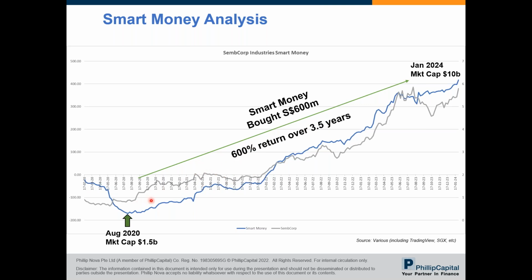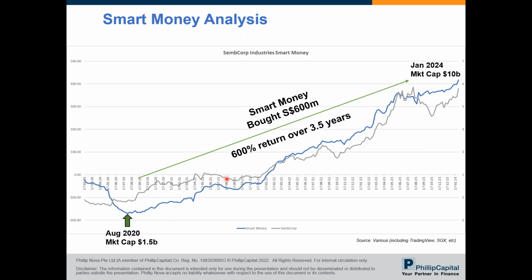And interestingly, by looking at fundamental analysis, if you look back into the books of Sembcorp Industries back in 2020 or even 2021, you're not going to find that the books look very, very good, because at that point in time, the balance sheets, the income statement will still very much include its ownership of Sembcorp Marine.